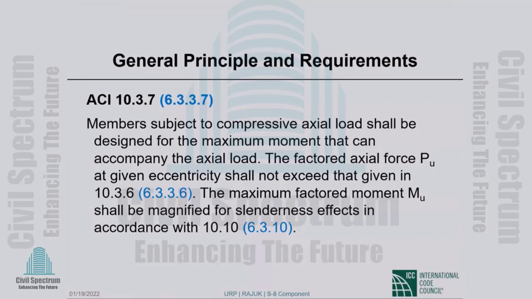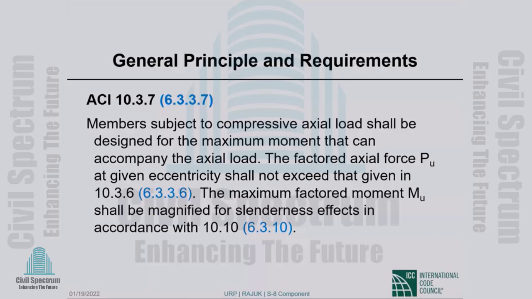The maximum factored moment M sub u shall be magnified for slenderness effects in accordance with... So the slenderness part will come later. This particular provision does not tell you a whole lot that we don't know. Basically, P sub u, M sub u shall be within P sub n, M sub n.